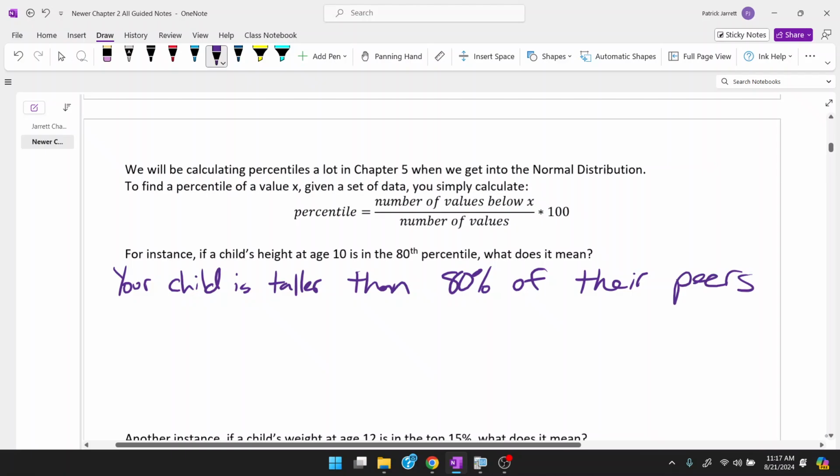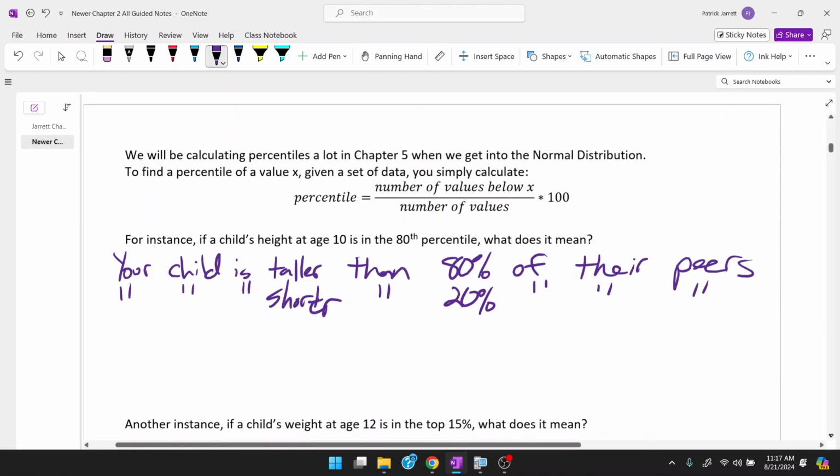Now, if they're taller than 80%, they are shorter than what? Correct. How do we get 20? 100%.